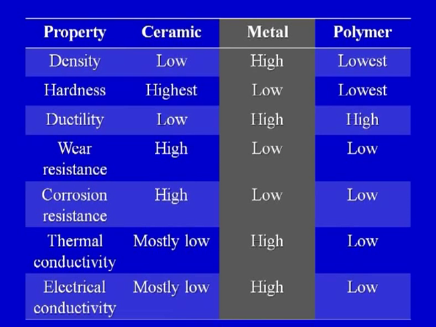Again coming to the same diagram which we have seen in lecture 1 also, let us now see this diagram from the processing point of view. Now density of ceramics is less, for metals it is high, hardness for ceramics is high. So we cannot think of machining the ceramic material, because diamond is also a kind of ceramic, so it is difficult to machine the hardest substance known. So basically hardness is an important criterion which has to be taken care of.